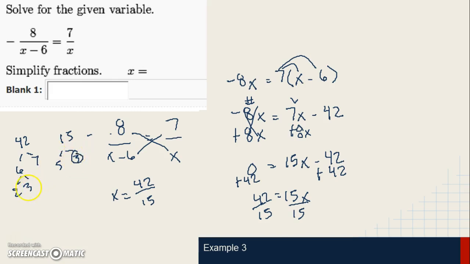Okay, so they both share 3 as one of their multiples, so I'm going to divide both of these by 3 to simplify this fraction. And what I get is, I know that 3 goes into 42 14 times, and 3 goes into 15 5 times. Now that's the fraction in its simplest form, so I'm going to type in 14 over 5.